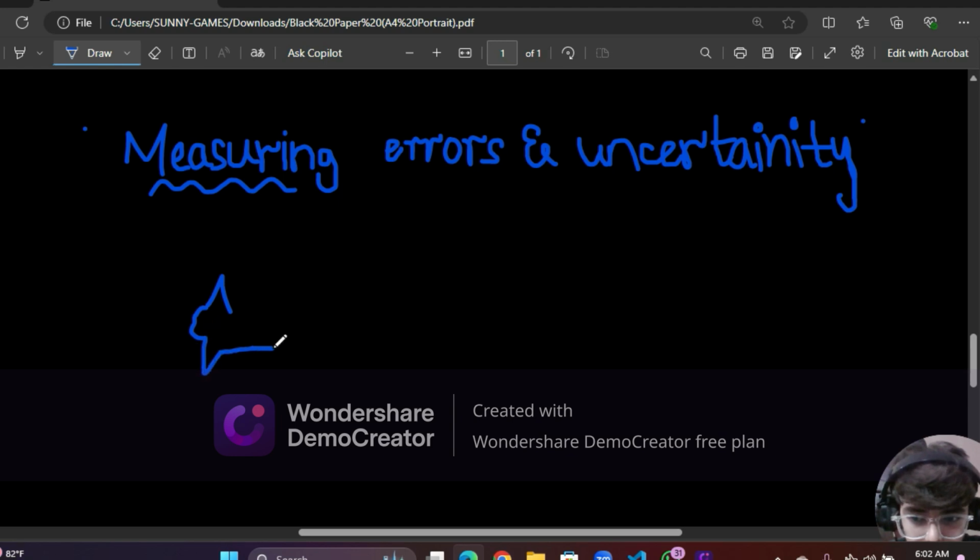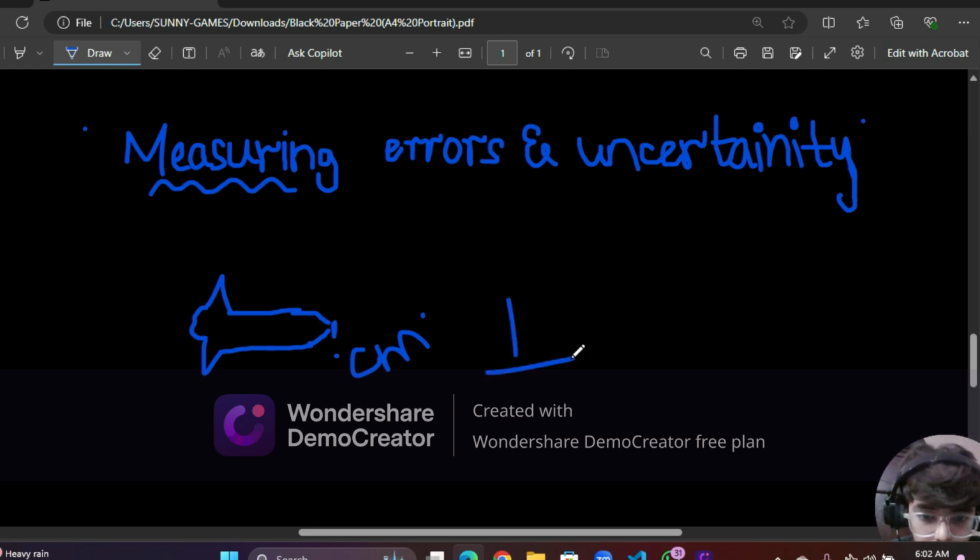It measures size in centimeters and in 1/10th of a centimeter.